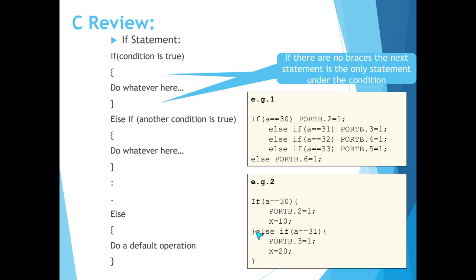Then another condition is considered, else if A is equal 31, again curly braces, because in the body of else if we have two statements, and then the curly braces is enclosed. About this kind of example, as you see, because in the body of the if condition and else if condition we are using more than one statement, we use the curly braces according to the syntax, and also it's not including the else part of our syntax.